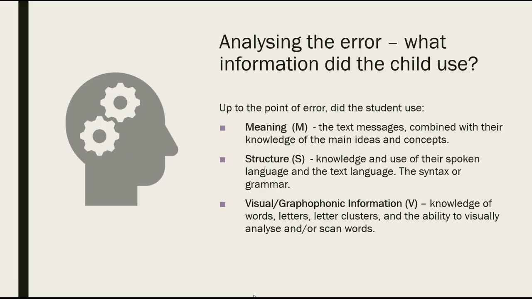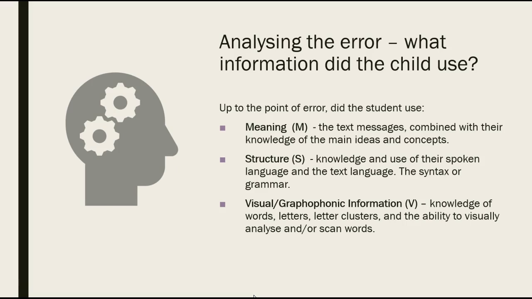Let's now consider what we do to analyse the miscues the child has made. This is where we apply the 3 cueing system, meaning, structure, and visual cues, to determine what the child is using and not using. Up to the point of error, did the child use meaning, that is, the text messages combined with their knowledge of the main ideas and concepts?